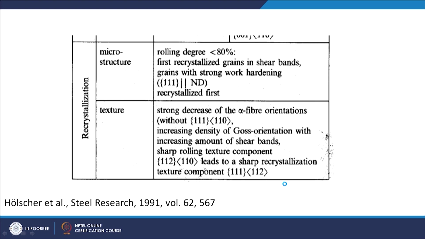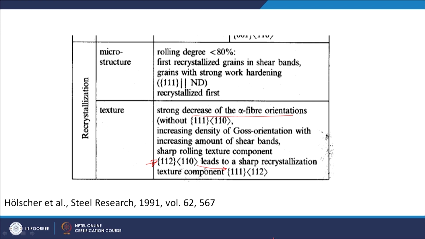Suppose after cold rolling you are doing a recrystallization, static recrystallization, okay, then there is a strong decrease of the alpha fiber orientation, okay, and an increasing density of gauze orientation with increasing amount of shear band. Sharp rolling texture components lead to sharp recrystallization texture components. So, if you have a sharp rolling component like this, that will lead to a strong recrystallization texture component in the material. Okay.